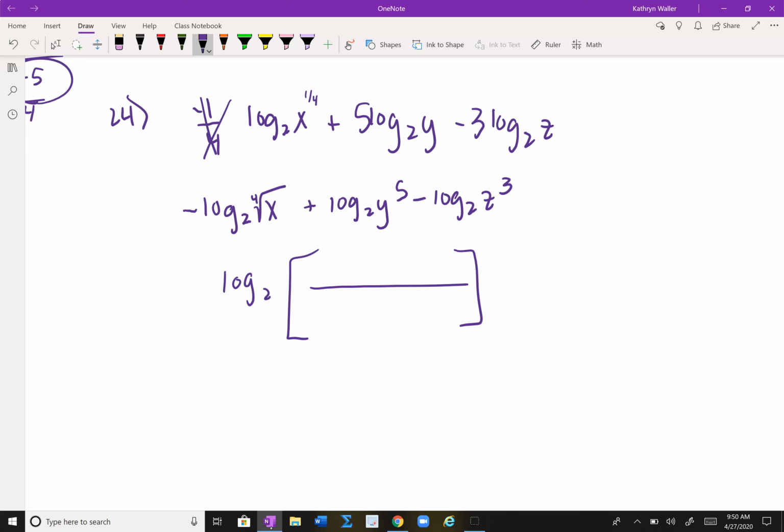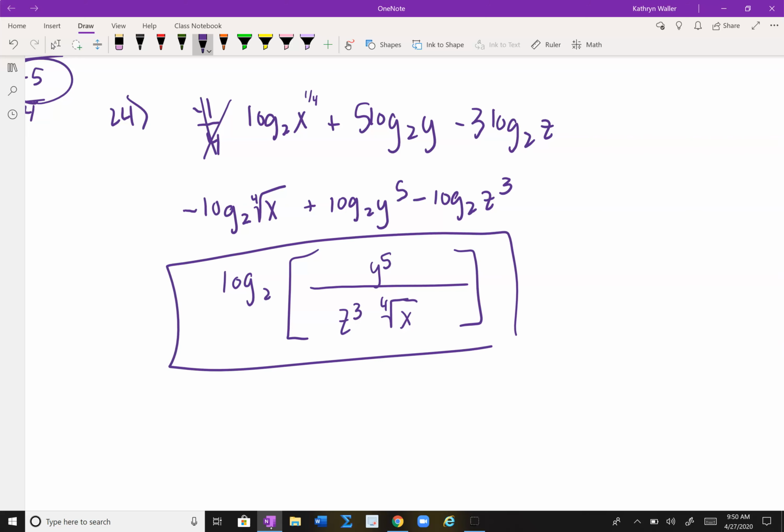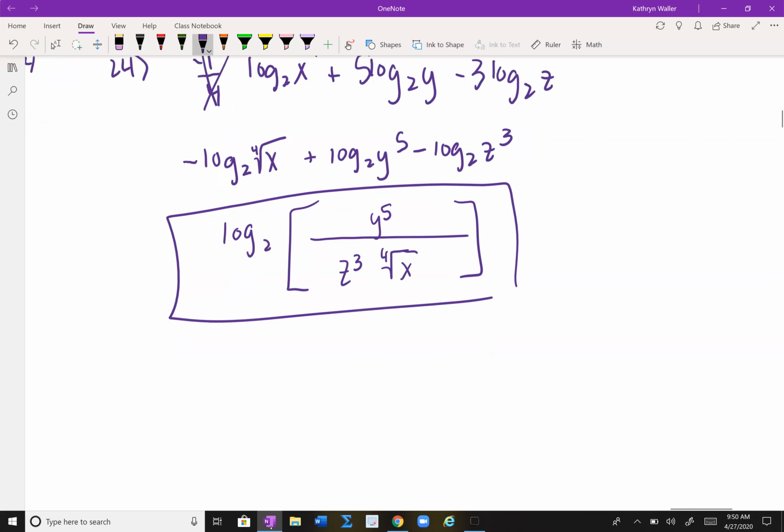So the 4th root of x goes on the bottom because it has a negative sign. Who cares that it comes first? It doesn't matter. This guy's going to come on the bottom, and I'm going to put that z to the 3rd in front because that's how you're supposed to write it. And the y to the 5th is a positive, so it's going to go on the top, and that's your answer. I think that's the easiest way to do it.